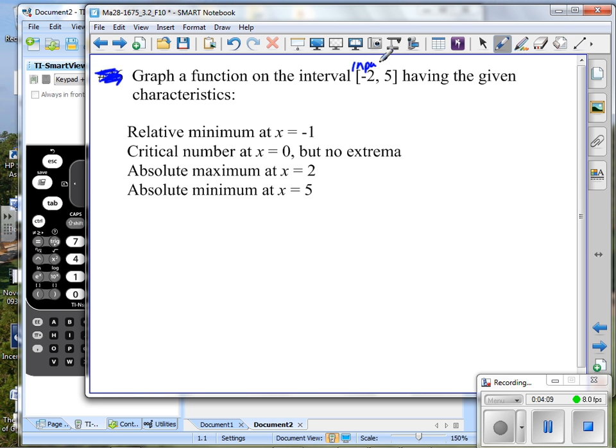So for inputs between -2 and 5, having the given characteristic: the relative minimum is at x equals -1, the critical number is at x equals 0 but it's not an extrema, the absolute max is at 2, and the absolute minimum is at 5.